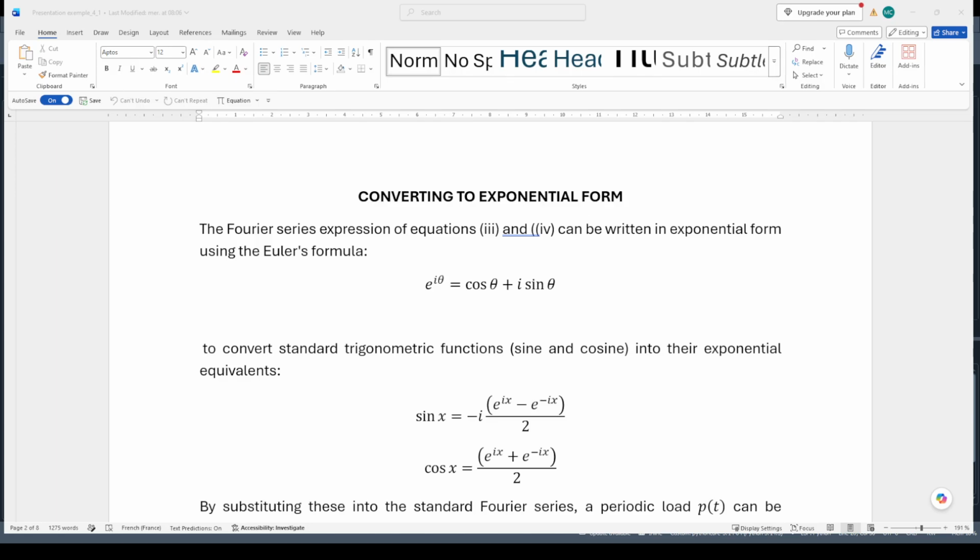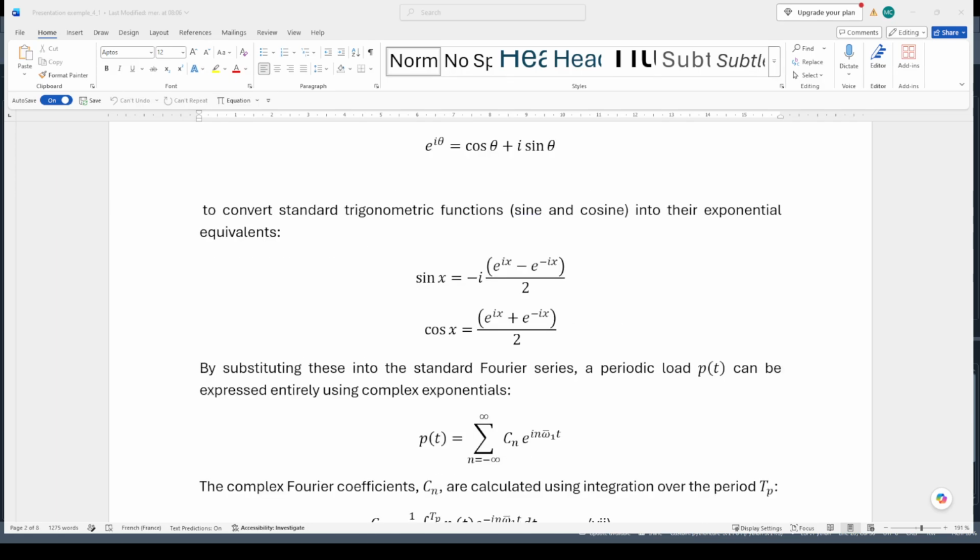In this case the variable is x, so sine x is equal to (e^(ix) minus e^(-ix)) divided by 2i, a similar formula, but this is the sine, the imaginary term, and cosine x is not an imaginary value, equal to (e^(ix) plus e^(-ix)) divided by 2.